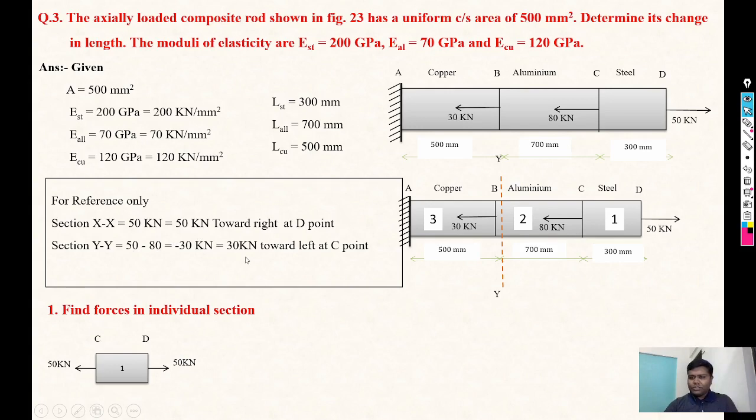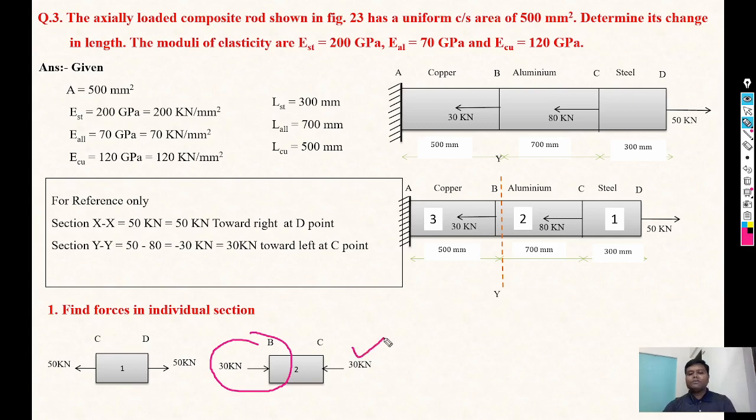Minus 30 kilonewton means the 30 kilonewton force is acting towards left at the C point, which means for that particular subsection the 30 kilonewton is towards the body. So we directly consider the force at the B point is towards the body, but the magnitude of that force is the same as the magnitude at the C point, correct?